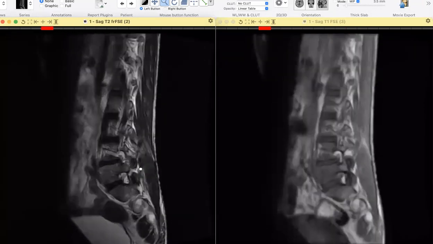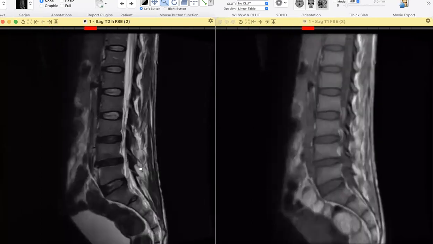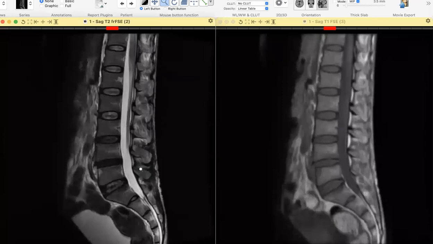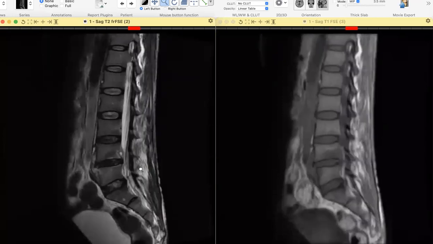I'm having a look at the rest of the scan to find any other abnormality.